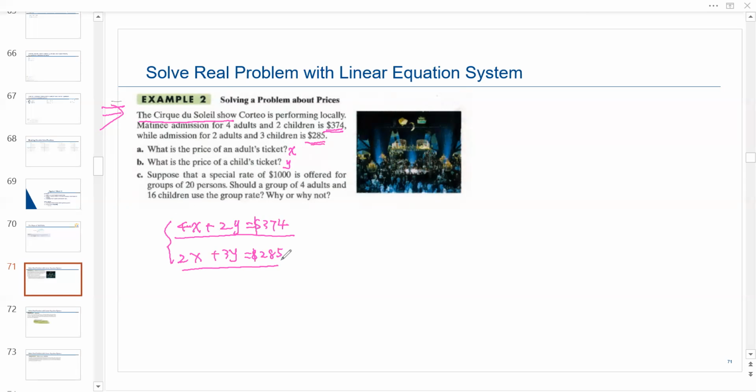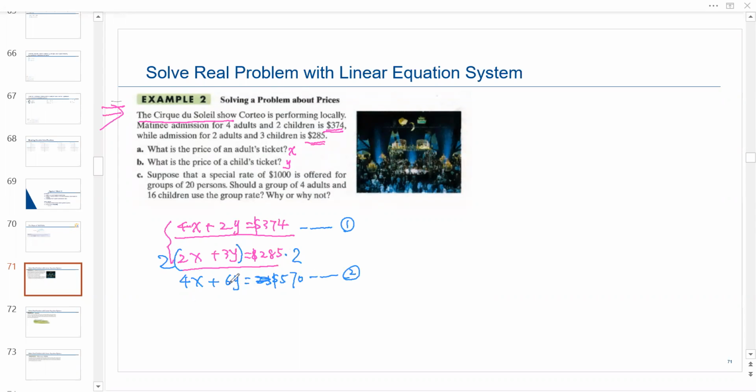Use our methods. So we can multiply by 2 here, right? So it means 2 times both sides. So you got 4x plus 6y equals $570, right? So here is 1, here is 2. So 2 minus 1, bottom minus top.